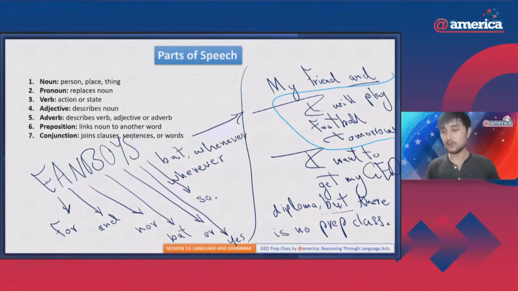We know that play in here is the main verb in the sentence, the primary verb. Football, of course, is the object of the sentence. Tomorrow is an expression of time. But what is will doing here? Will is actually helping the primary verb in this sentence to talk about the future, to specify the time.